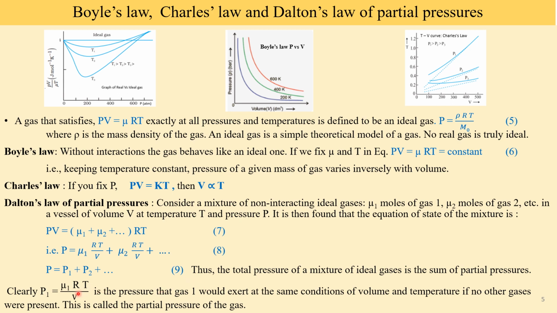Before that, let us see that P1 in equation 9, P1 = μ1RT/V, is the pressure that gas 1 would exert at the same conditions of volume and temperature if no other gases were present. This is called the partial pressure of the gases, and the law, as we just studied, is Dalton's law of partial pressure. So now let us take up some worked examples.